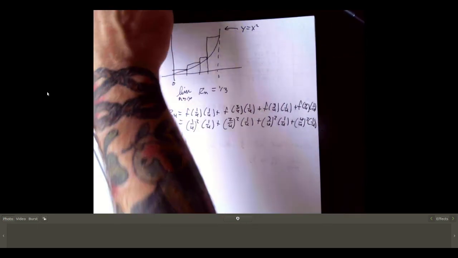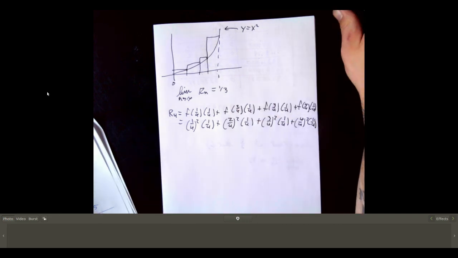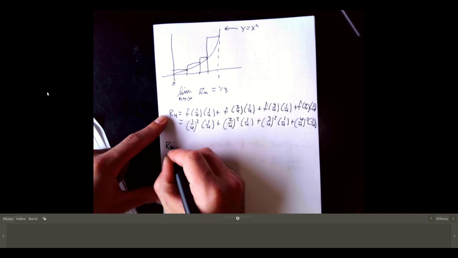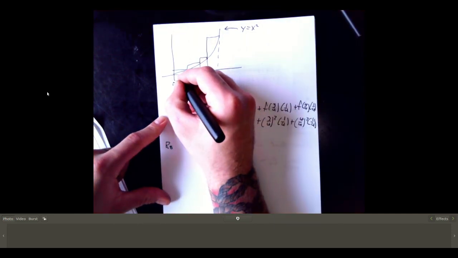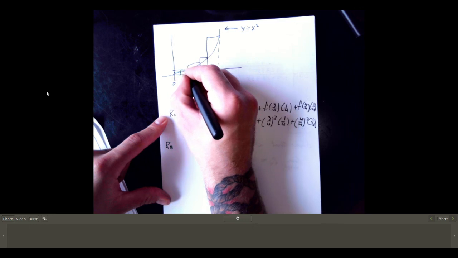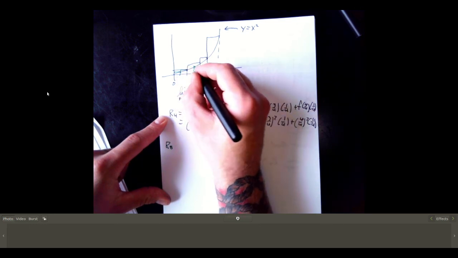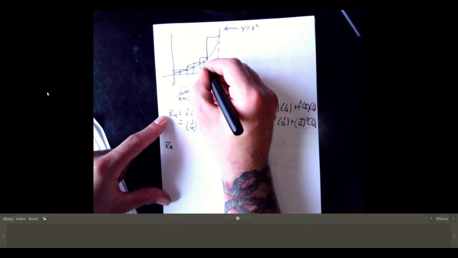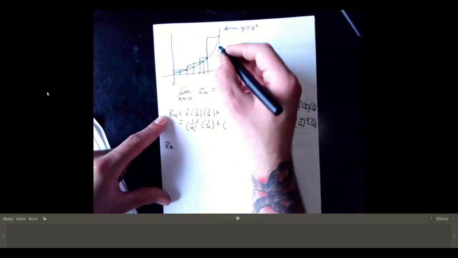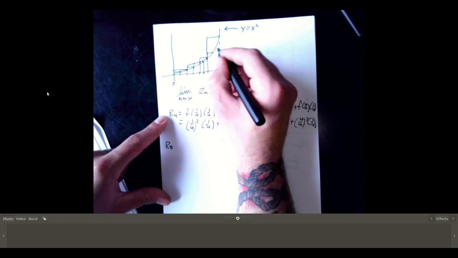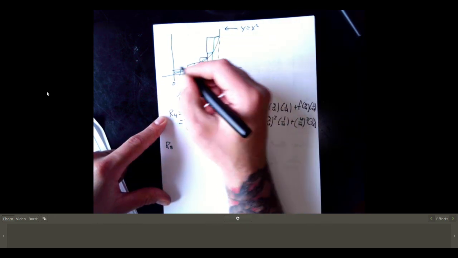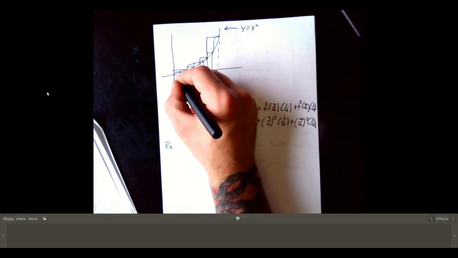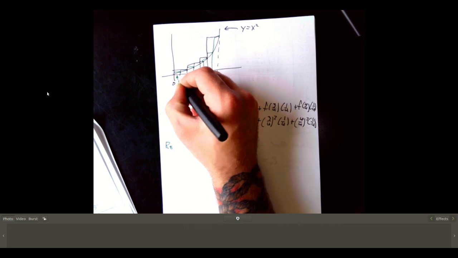Well, let's figure out what we think. What about R8? Just to get us an idea. Now we would have eight squares, and now we have this width of 1/8.